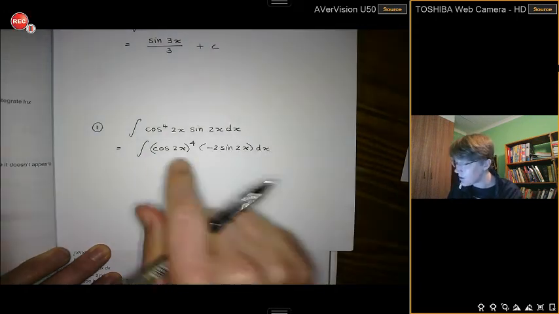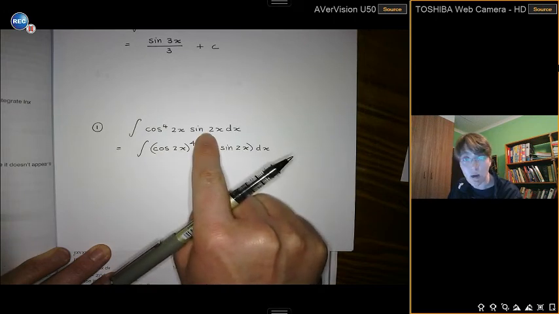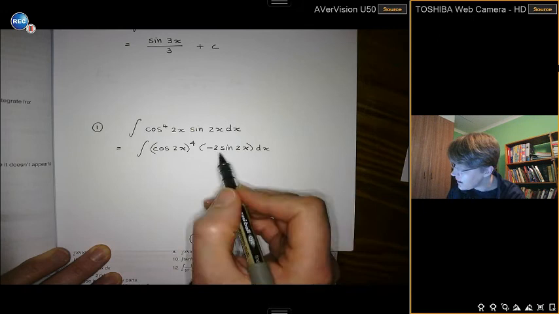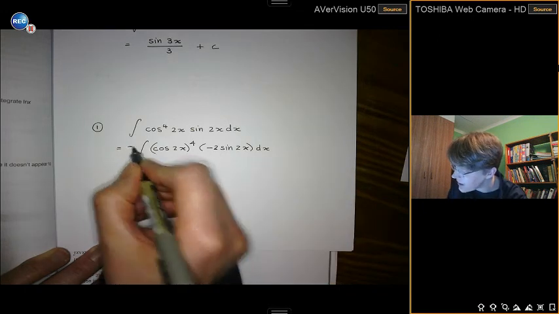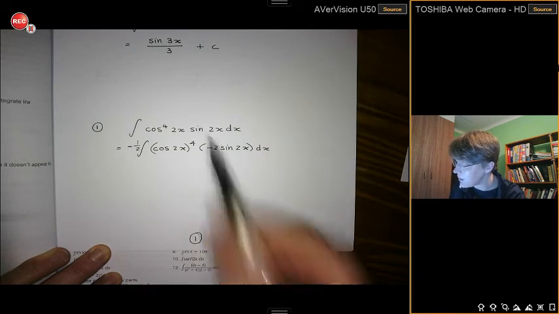So simply put, if I find the derivative of cos 2x, can I manipulate what I'm multiplying by to make it exactly the derivative of that inside function, which I've now done. But please remember, once I fix that inside function, I have to fix the outside, so I have to put minus a half, because minus a half times minus 2 gets me back to that.